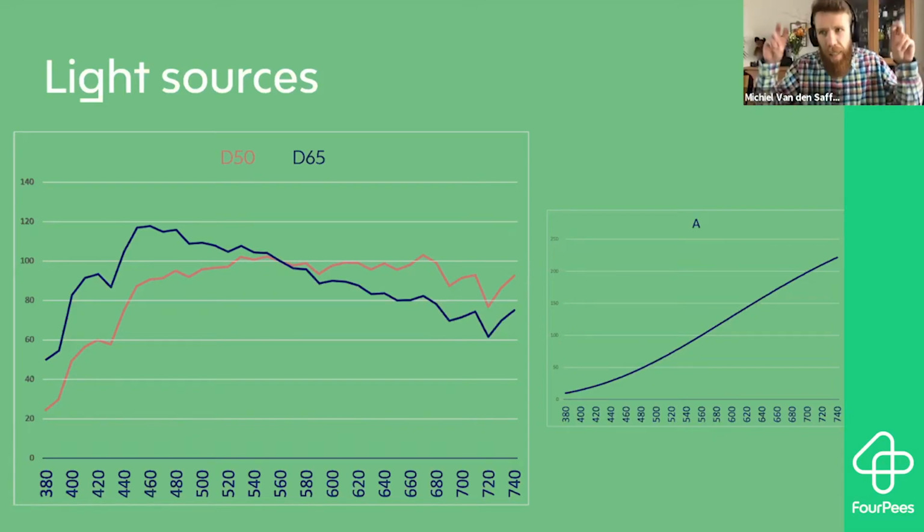Using daylight as your judgment color light space for print is actually kind of weird, because in many situations we're not using daylight. We're not reading our papers outside, we're reading them indoors, and we have different kinds of light bulbs. We have incandescent light bulbs, we have halogen light bulbs, we have these TL tubes.